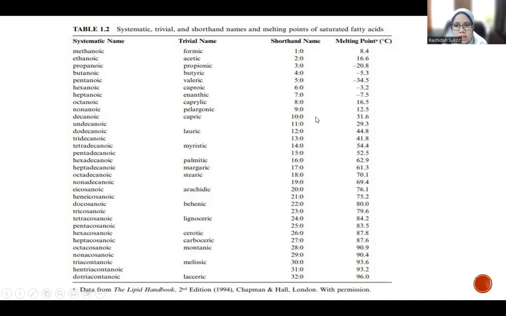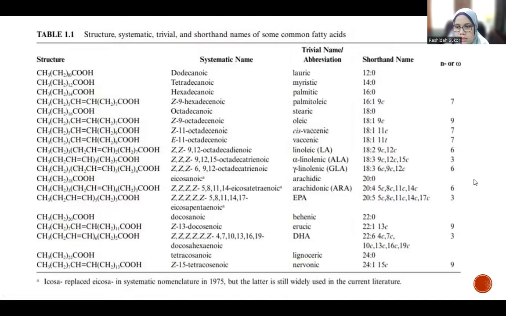So anything less than 10 is not yet melted at room temperature. Like this one, 31, 44, it needs a higher temperature to melt. Like 52. Palmitic is about 62, and behenic is about 80. As we go along, the higher the carbon, the higher the melting point. That's the message.